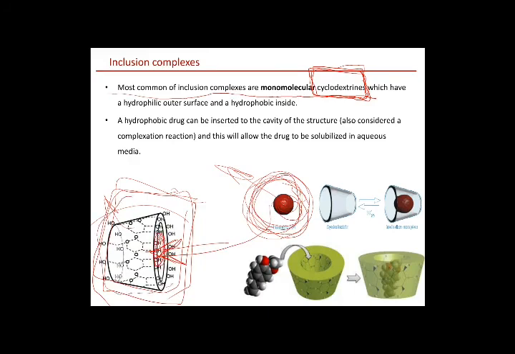We can put this drug in this cavity because this drug is hydrophobic and this cavity is hydrophobic, but the outer layer of this structure is hydrophilic. So we can incorporate this drug into aqueous media very easily. So it's like we have solubilized this hydrophobic drug by employing inclusion complexes.